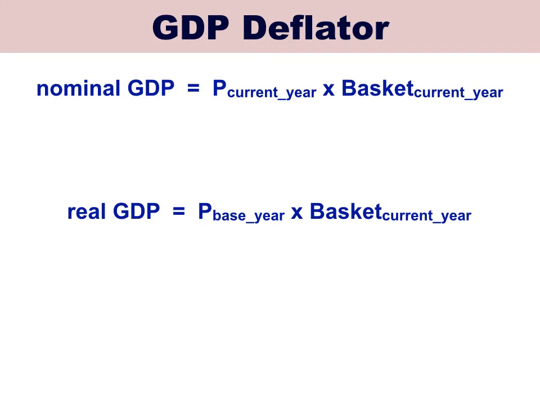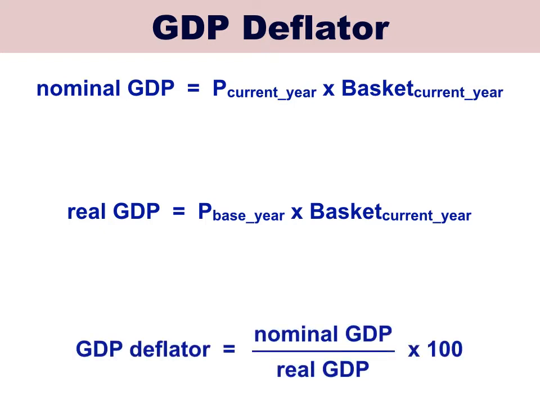So, let's take a look at what I mean by this. Here we have the nominal GDP and the real GDP. And the GDP deflator is going to be nominal divided by real. Now, if we look at the nominal GDP and the real GDP in our equation up here, which again is not really mathematically precise, but in a virtual sense, and that's important that you understand what virtual means.